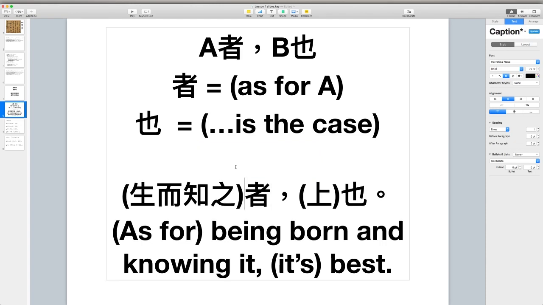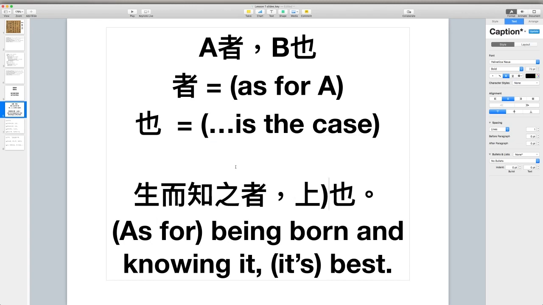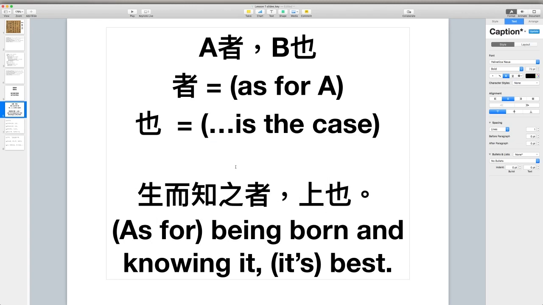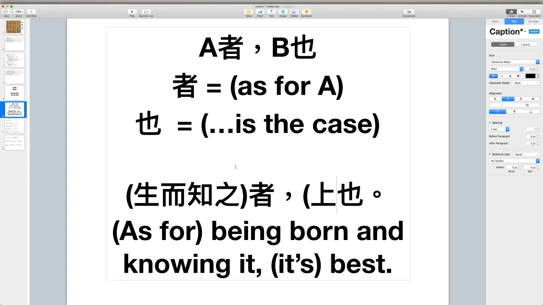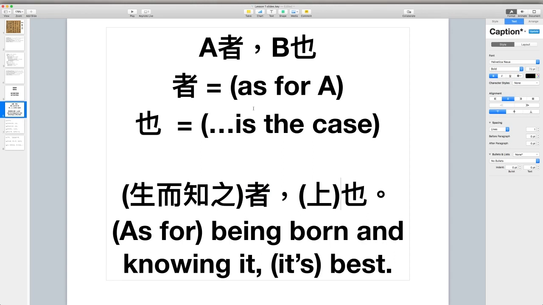So when you encounter a sentence that has these particles, it'll help you to make sense of the sentence structure, right? You can know that this is the topic because it precedes zhě, and then this is the comment because it is yě. So if we take this as for A, B is the case, right? So this is A and this is B, right? So now we just have to figure out what A is.